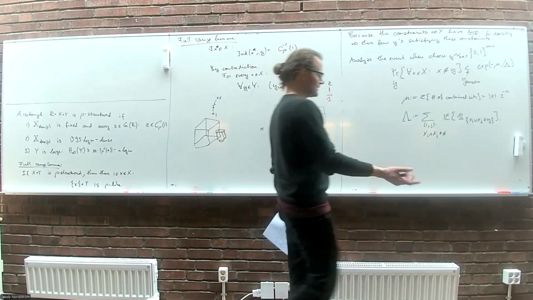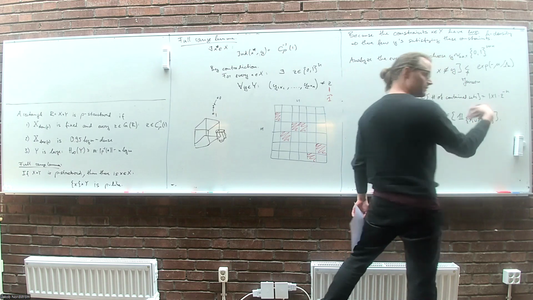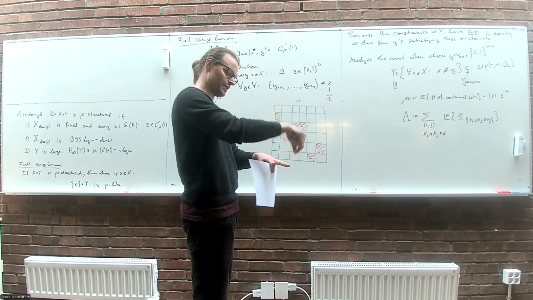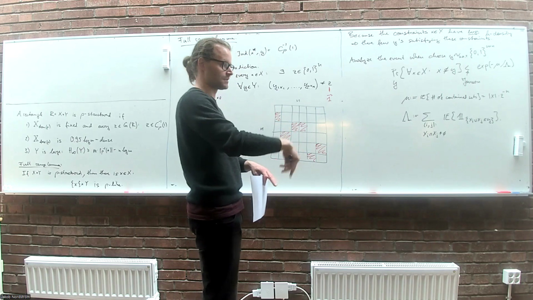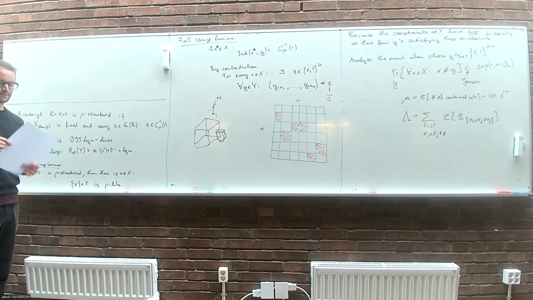So all we're going to say is that if you look at the intersection of two sets, there cannot be too many sets that evaluate to the same thing on this intersection, because if there were too many, your probability would be too high.